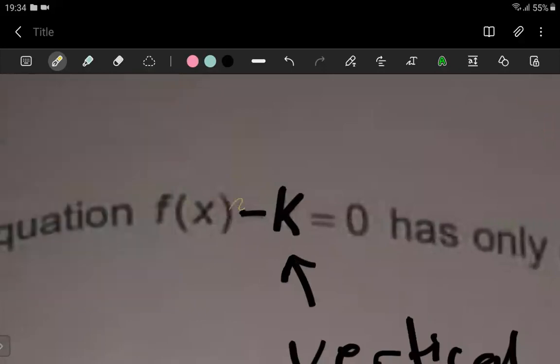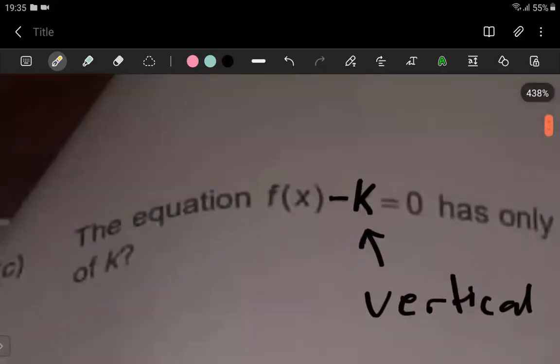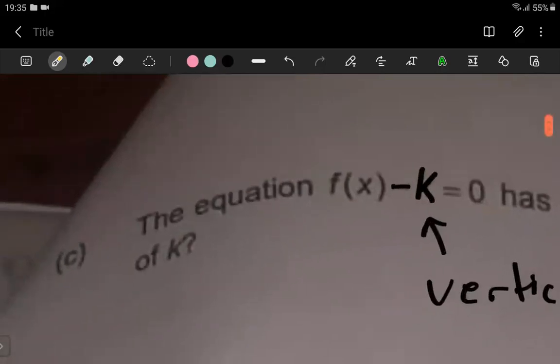Wait, that question is for calculus. Not necessarily. Are we done with the graph that we were doing? The one where we were making notes on that function. Yeah, this question is still dealing with that graph.